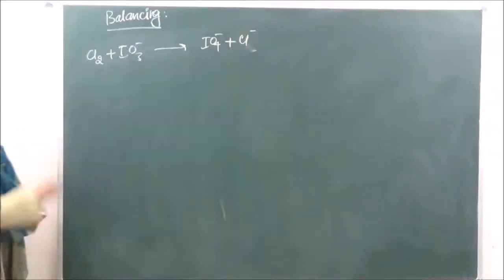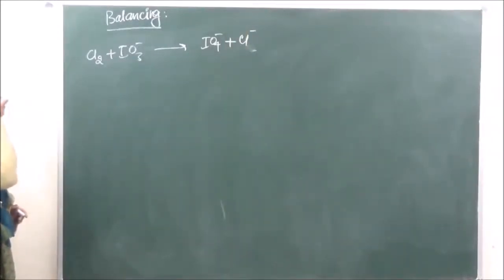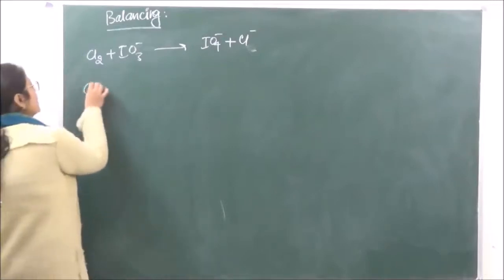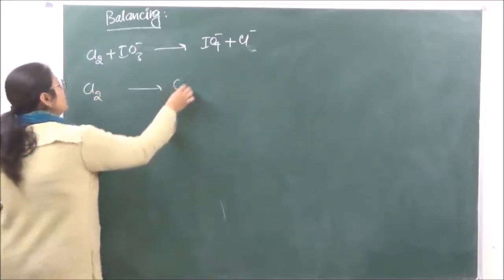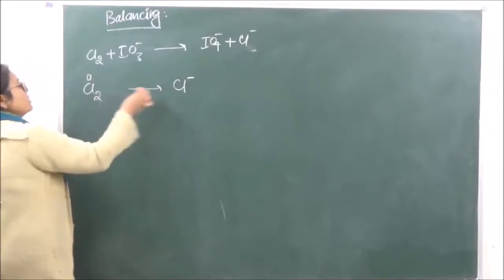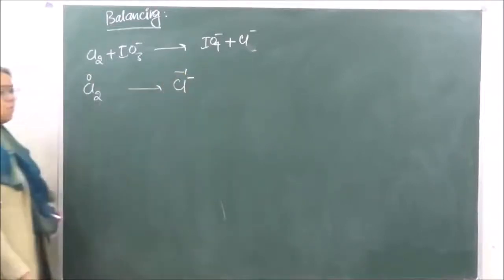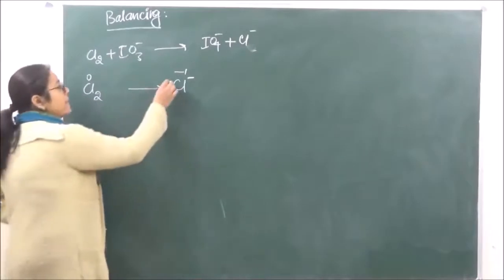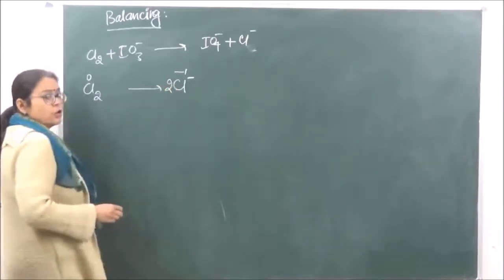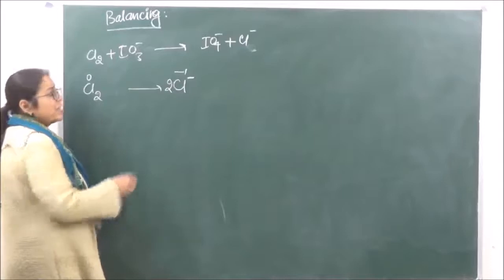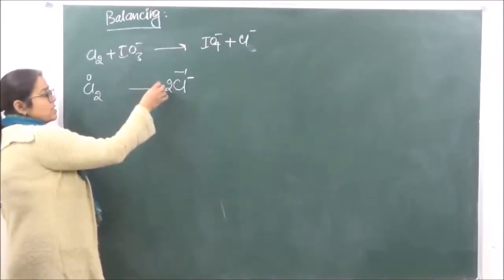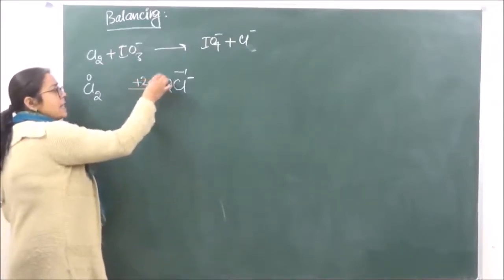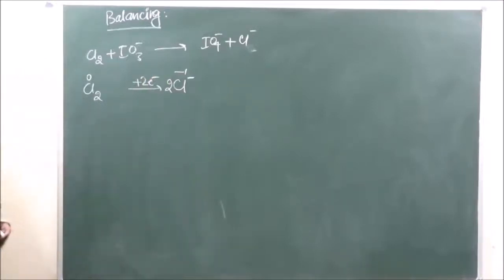So let's first balance half reactions. Over here we have Cl2 to give us Cl negative. So 0 से minus 1. Per atom, there are 2 atoms of chlorine, per atom 1 electron exchange. So for 2 atoms, there are going to be how many electrons exchanged? Decrease in oxidation number is reduction. So plus 2 electrons.